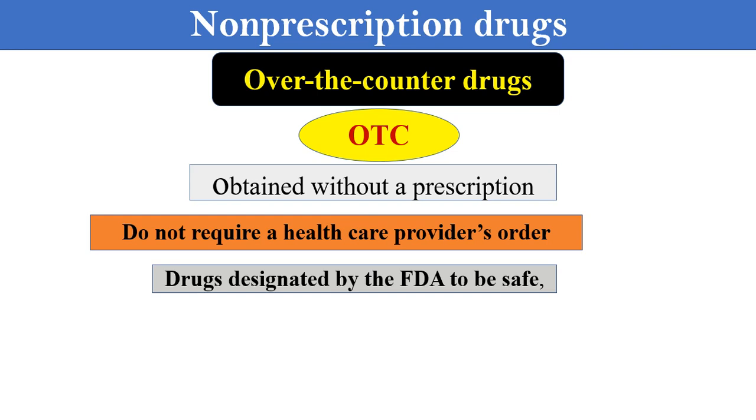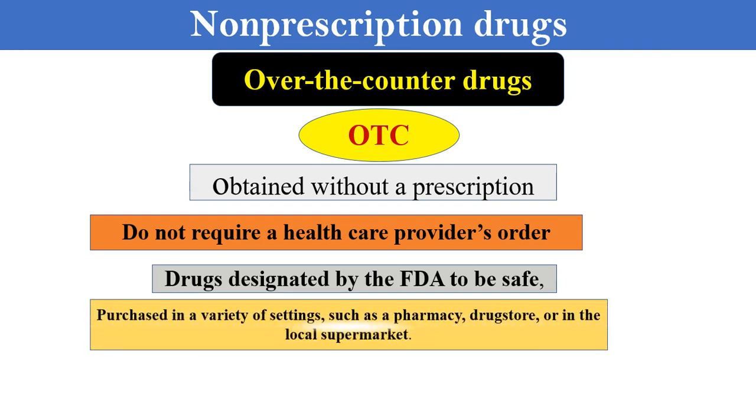And these drugs are designed by the FDA to be safe. If you take it from the pharmacy, if anyone gives it to you, it is safe to use. This is what we call over-the-counter drugs.